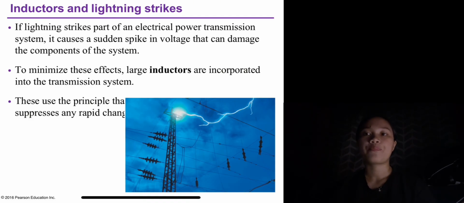When a lightning-induced surge occurs, the inductor temporarily stores energy in its magnetic field, smoothing the spike before it can damage sensitive components. This protective role makes inductors essential in power engineering and infrastructure.